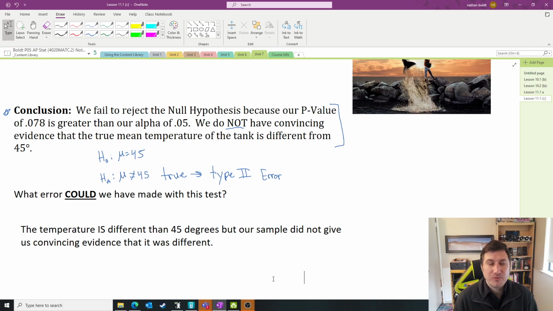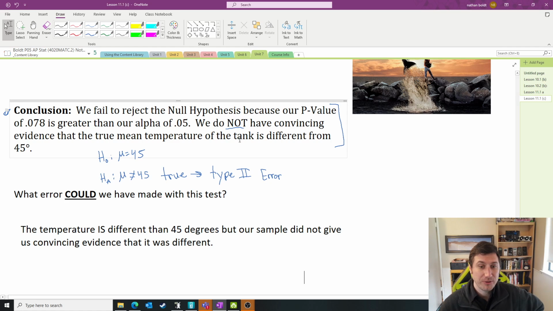So you got to think, all right, what would the error be? How could I have screwed this up? Okay, we would have screwed this up if the tank is actually different than 45, because we said we do not have convincing evidence of that. So we would screw this up if it was different.